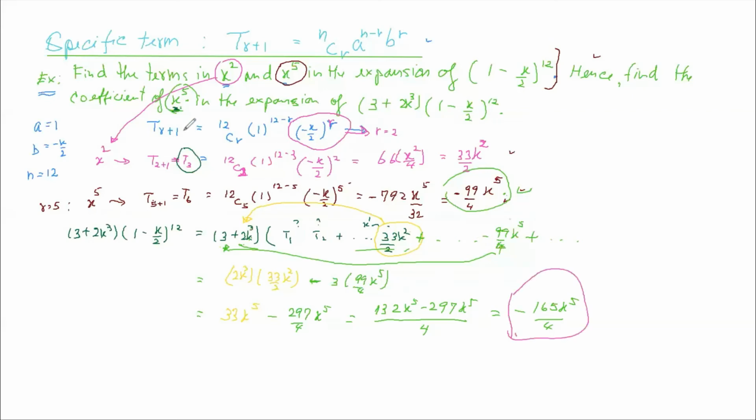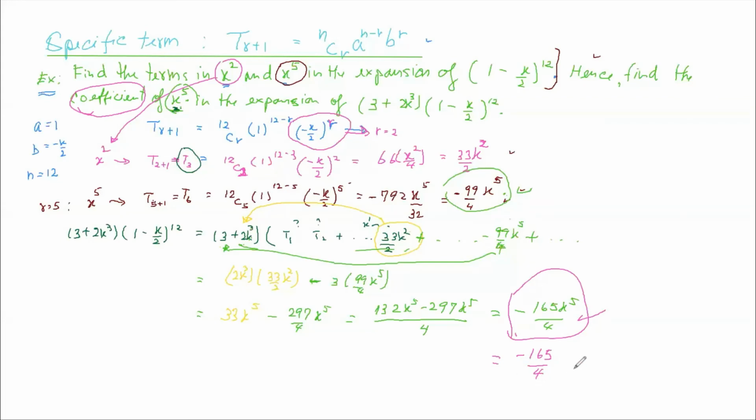But the question says find the coefficient of x power 5 in the expansion of this. So they need the coefficient, don't forget. Instead of answering the whole thing here, you answer only the coefficient, meaning the number in front of the unknown. So it becomes minus 165 over 4. That's the really final answer now.